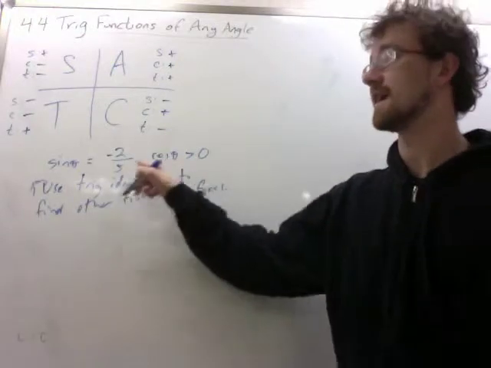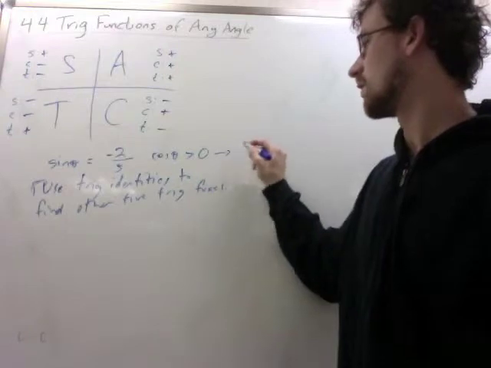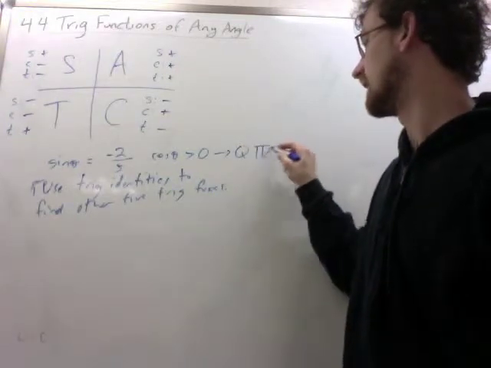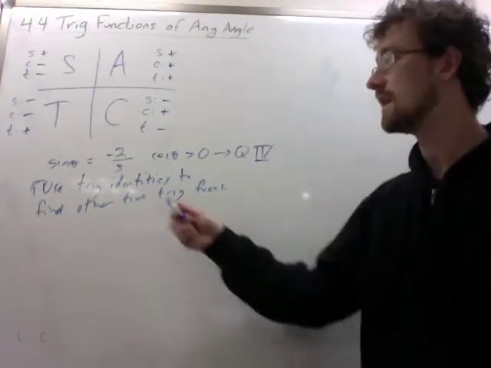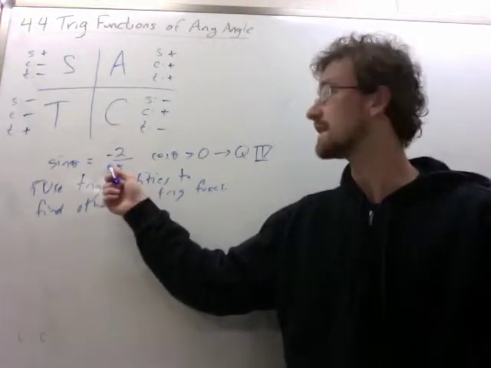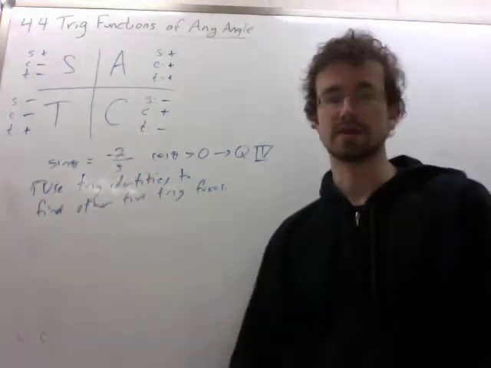Well, if sine is negative, cosine is positive, that means that we're in quadrant 4. So that lets us know what sign we should attach to our answers. If we only knew that sine was minus 2/5, we wouldn't know if we were in quadrant 3 or 4, because sine is negative in both those quadrants.